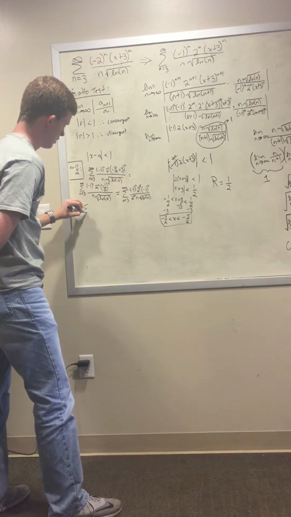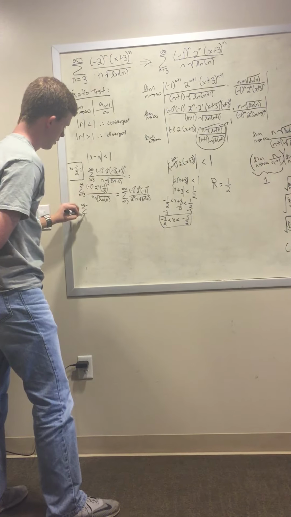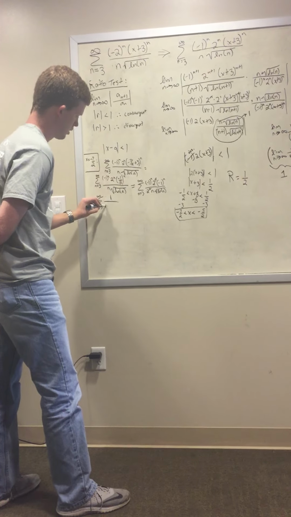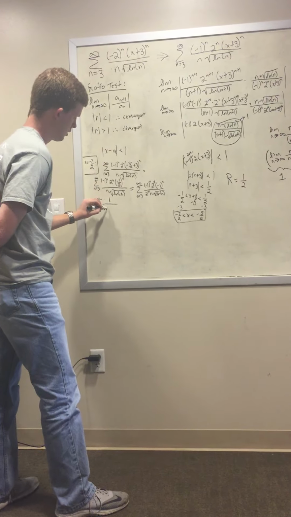We'll be left with 2 minus 1 at the end, which will give us just 1 on top. That'll be over n square root of ln of n.